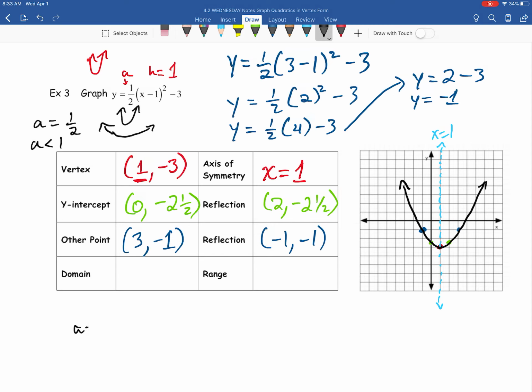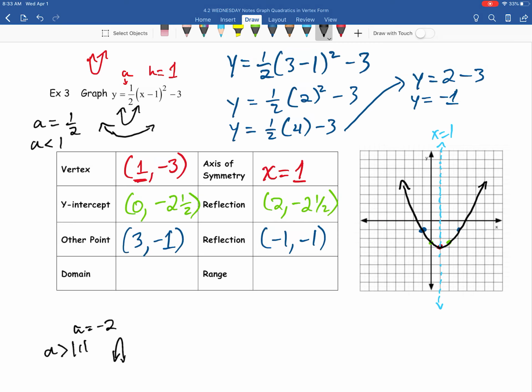Whereas, like with example 2, when the A value was -2, that A value is bigger than the absolute value of 1. So in other words, if you were to plug that value in, you'd get a positive 2. You would see your graph begin to narrow and what we call stretch. Okay. Your Algebra 2 teacher will talk more about that, though.